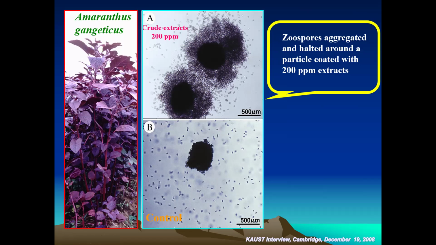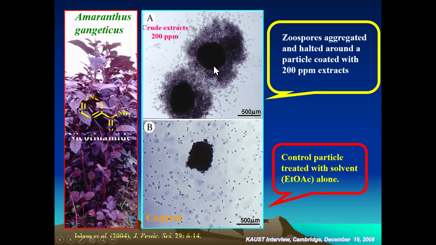So our curiosity was how. We found that this plant contained some signaling molecule that can aggregate zoospores but not allow them to germinate. And then we discovered the compound. The compound is nicotinamide. This small molecule can stop the motility of zoospores, not allowing them to germinate.